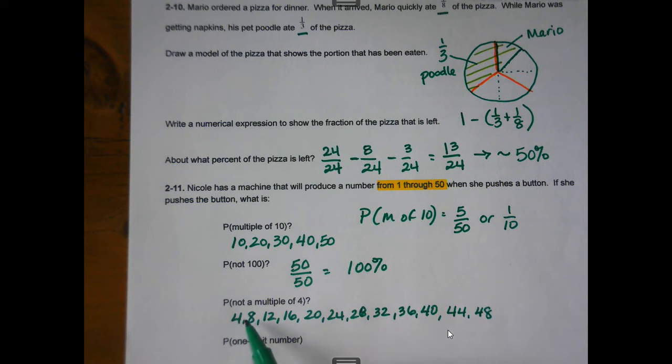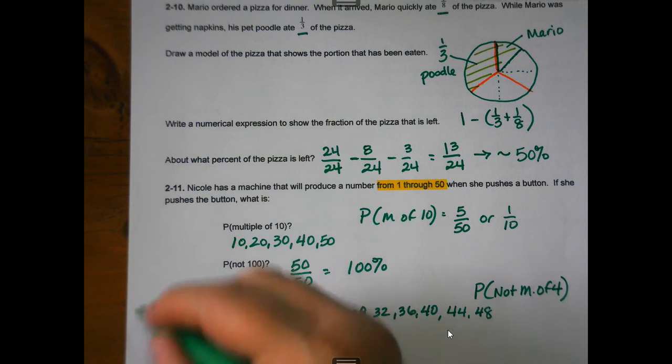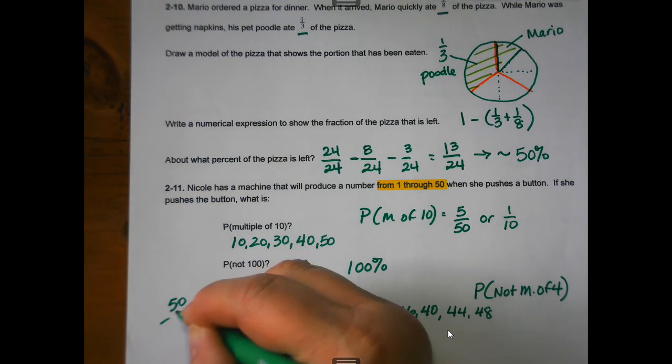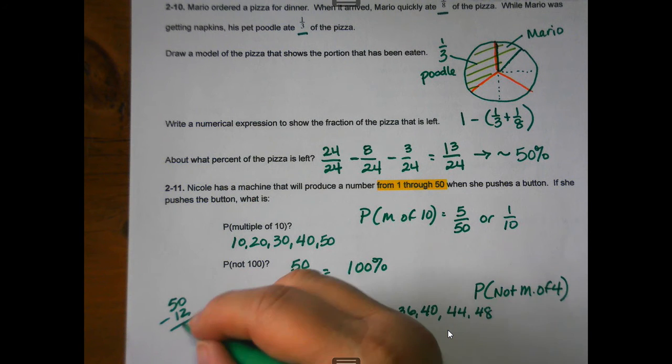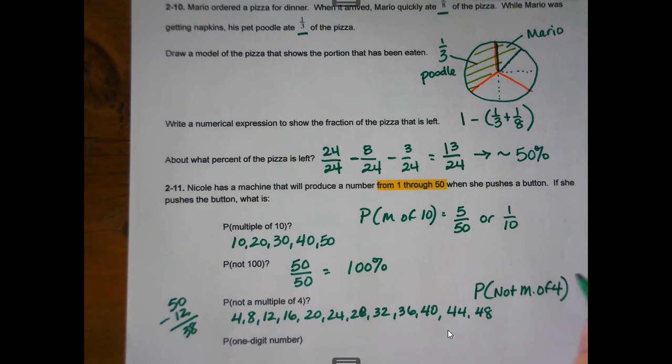So we have 1, 2, 3, 4, 5, 6, 7, 8, 9, 10, 11, 12 that are multiples of 4. So the probability it is not a multiple of 4 is going to be over here, do 50, subtract 12, just in case we need to double check that. And I've got 38 out of 50.